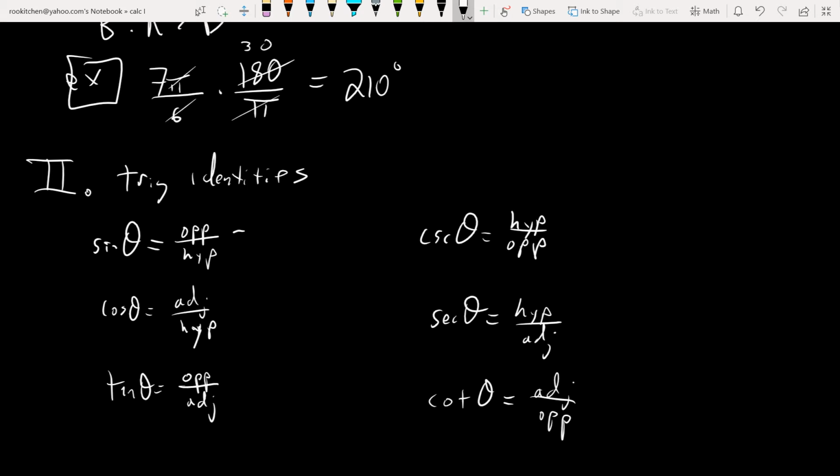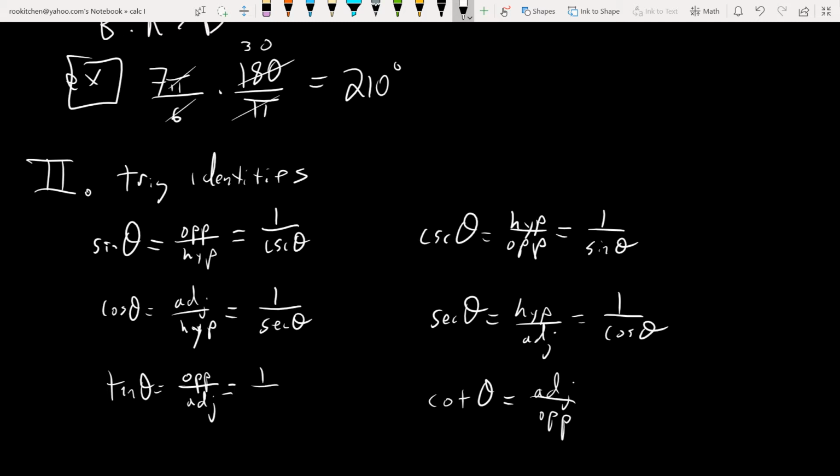Also, you should know the reciprocal identities. Sine is the same as 1 over cosecant. I don't remember what they call them, reciprocal identities, inverse identities, I don't know. Cosecant then must be 1 over sine. Cosine is 1 over secant. Secant then is 1 over cosine.